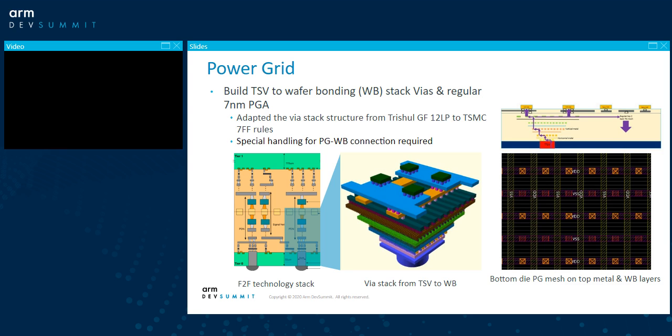So in terms of the power grid, I think the primary focus will be from the backside TSV, that's the IO TSV, to the wafer bond. So the most important role is that we have to minimize the effective resistance, also the IR drop from TSV to the die interface. Because in the traditional 2D design, we have the IR drop from the package level to the top layer and down to the device level. Whereas in 3D stacking design, we have this additional segment, which introduces more IR drop.